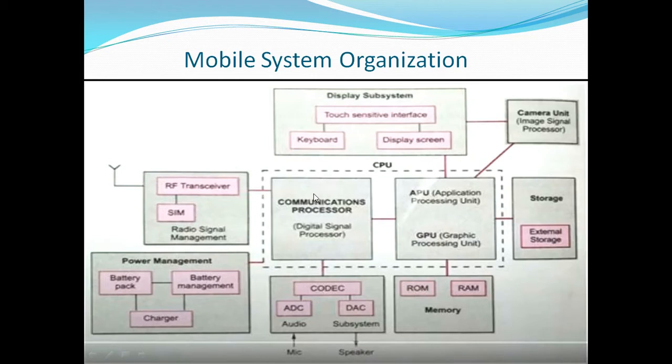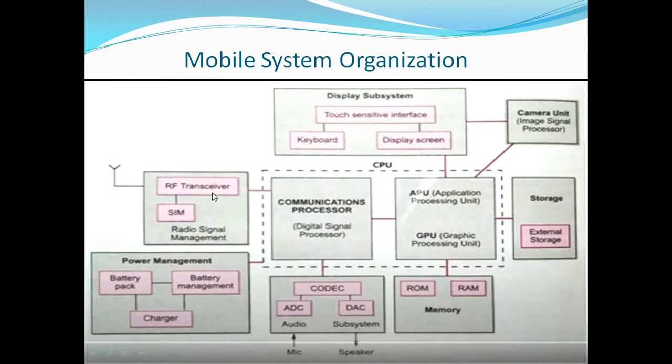The communication processing unit is used for calling, receiving calls, and transferring calls, right? This communication processing unit is connected to radio signal management and a codec. For transferring and receiving voice, we need radio signals. That's why it is connected to an RF transceiver.